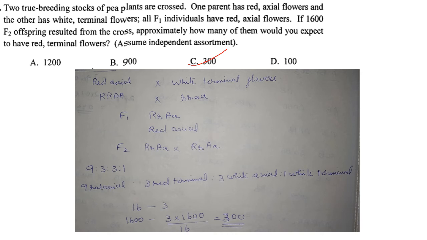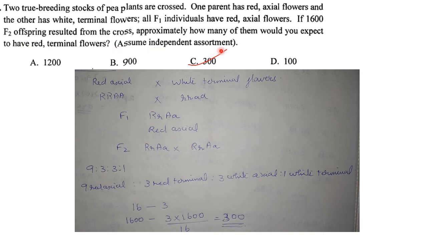Then next one. Two breeding stocks of pea plant are crossed. One parent has red axial flowers and the other has white terminal flowers. All F1 individuals have red axial flowers. If 1600 F2 offspring resulted from the cross, approximately how many of them would you expect to have red terminal flowers?